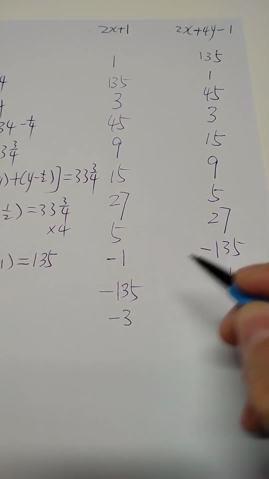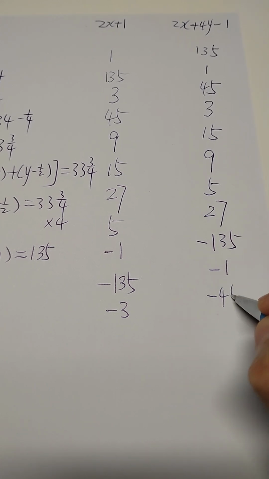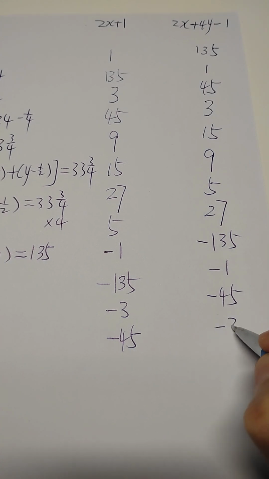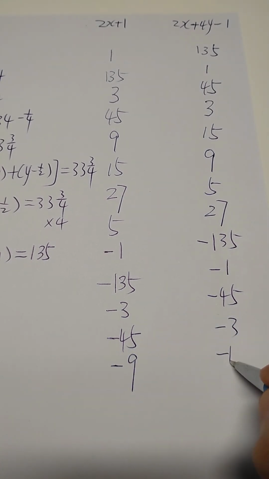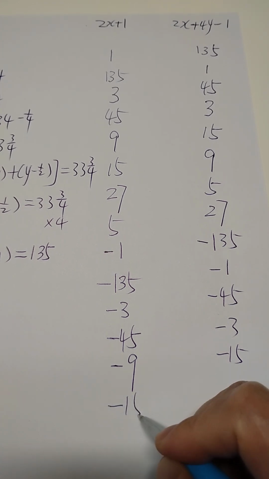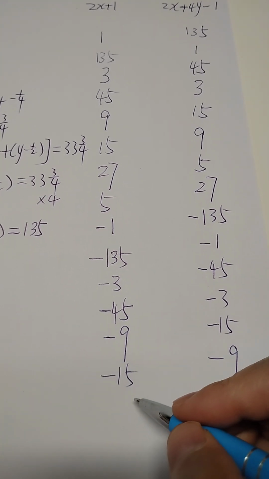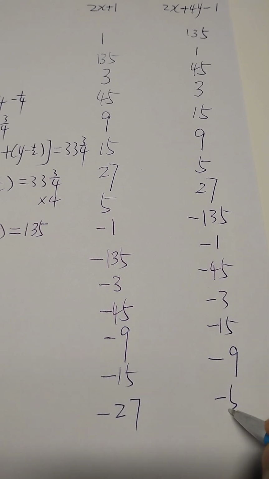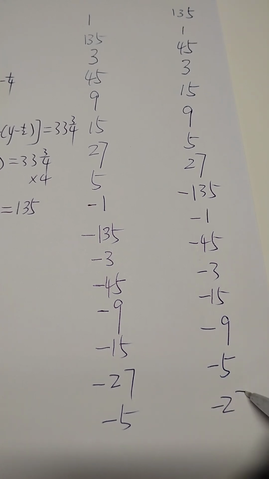So we could add negatives on both sides for all: minus 9, minus 15, minus 15, minus 9, minus 27, minus 5, minus 5, minus 27.